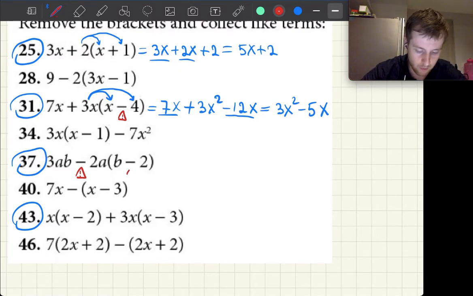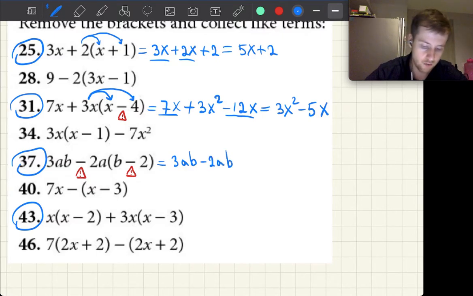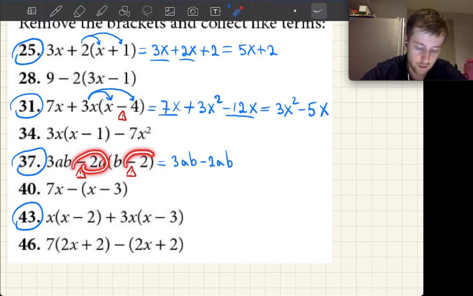And also keep track of this minus here. So 3ab stays the same, no changes there. But minus 2a times b becomes minus 2ab. And now the most interesting part, minus 2a times minus 2.